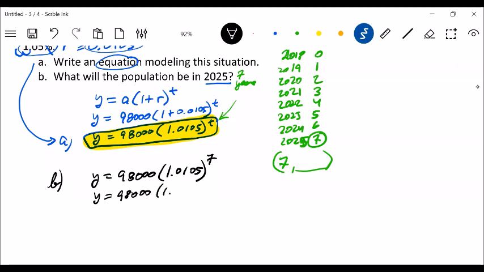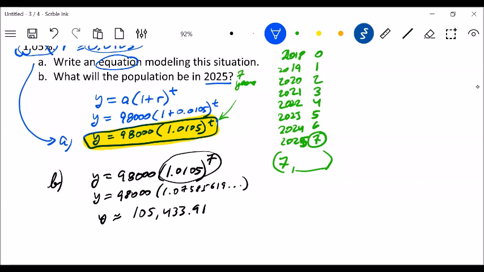That becomes 1.0758619, and it continues from there. So you can round that off, but it's better to do this in the calculator and then multiply by 98,000. And if you do that, you're going to get approximately 105,433.91. This is the number of people in a city.